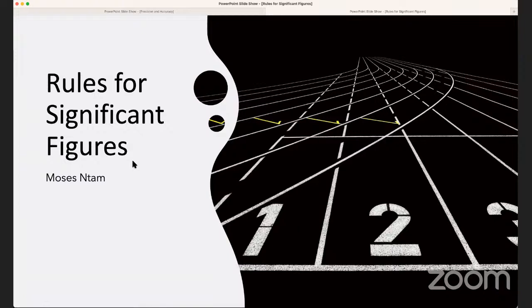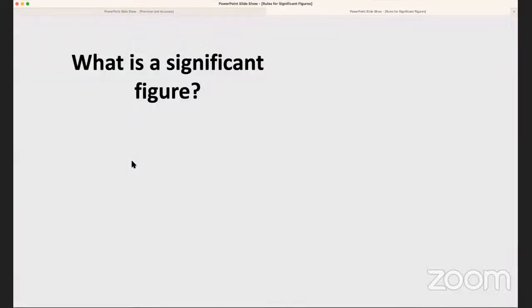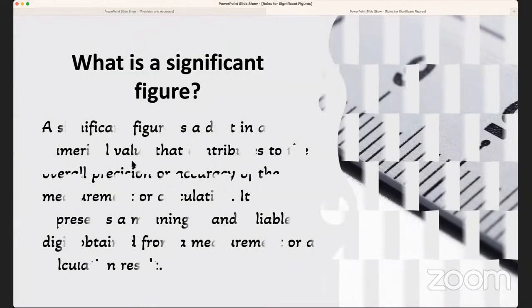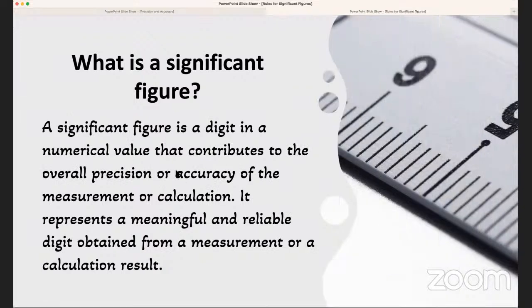So let's first understand what significant figures are. A significant figure is a digit in a numerical value that contributes to the overall precision or accuracy of the measurement or calculation. It represents a meaningful and reliable digit obtained from a measurement or calculation result.